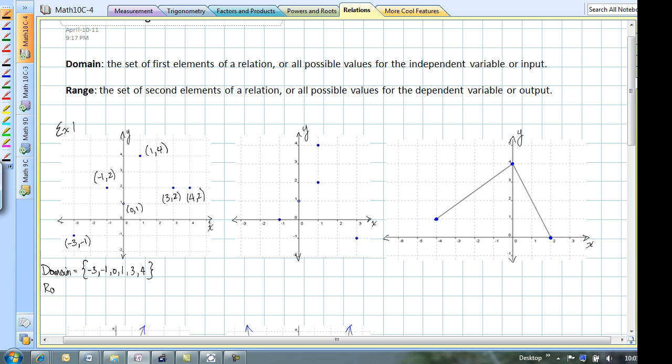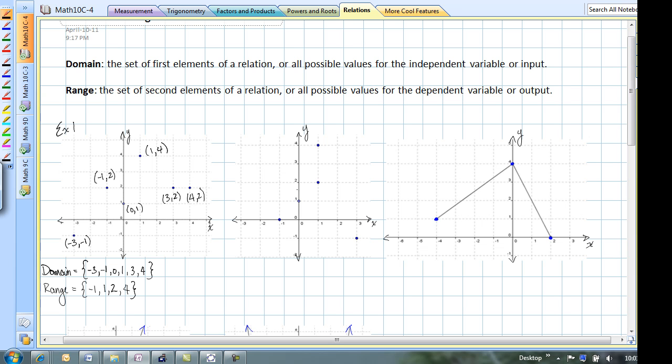When I look at my range, this second set consists of all of my y values, so that'll be -1, 2, 1, and 4. And so, again, we've talked about before, it's nice sometimes to have these in order, so maybe I'll change those around. So -1, 1, 2, and 4. There is no need to repeat values.